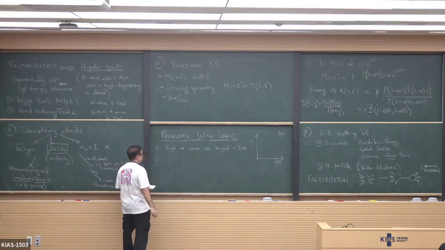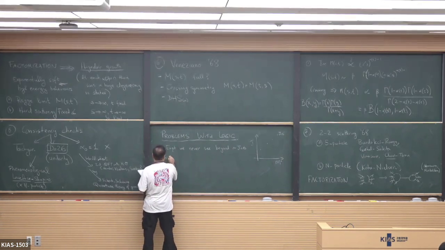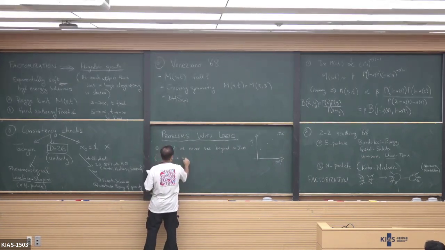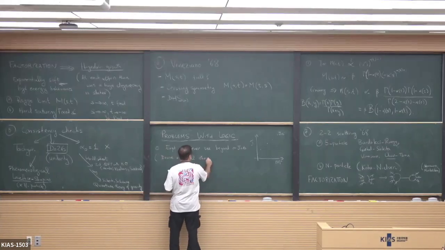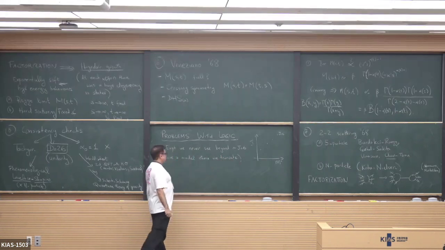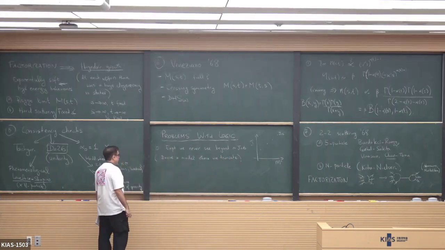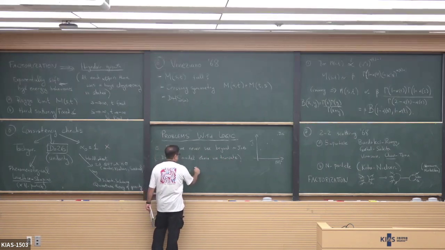So here you could try to think about, okay, then why don't we actually devise a model where we can truncate. And here again, you're led to a potential problem because this amplitude, the Veneziano amplitude, I said, write it out for you.